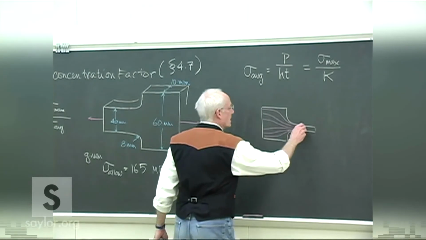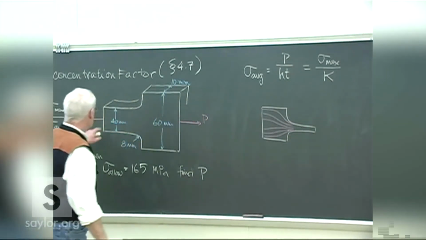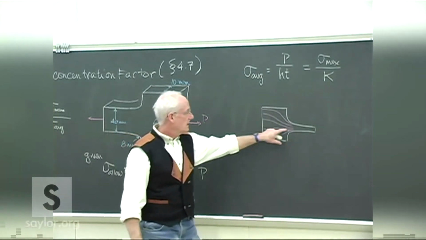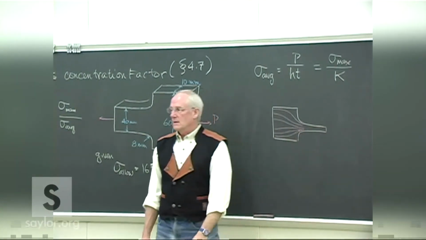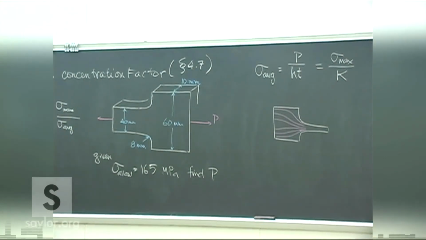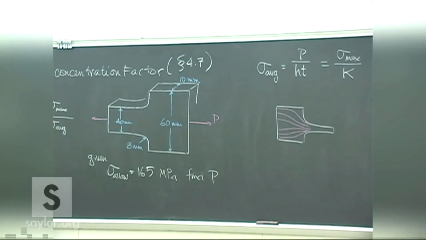And we also need to understand that a certain distance downstream, if you will, we have this severe non-uniformity of the stress distribution. So you can kind of look at these like stress flow lines.